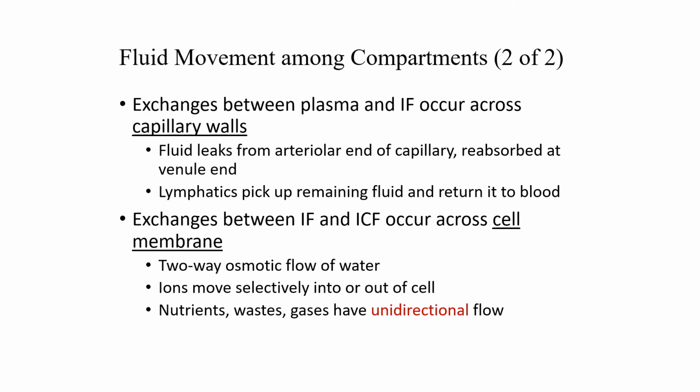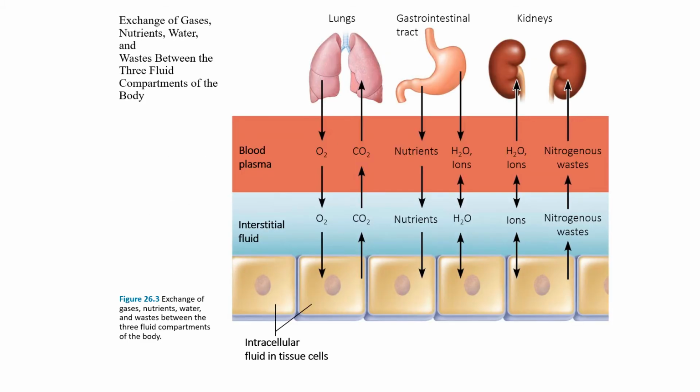You talked about that endlessly in freshman biology first semester. Okay, so I think what's important to note here is that nutrients, wastes, and gases have a unidirectional flow. All right, water flows two ways. Ions can move selectively in and out, but nutrients, waste, and gases flow in one direction.